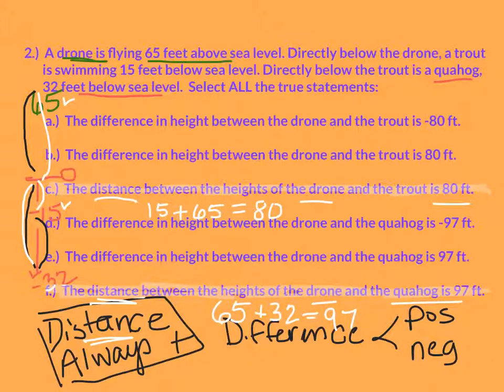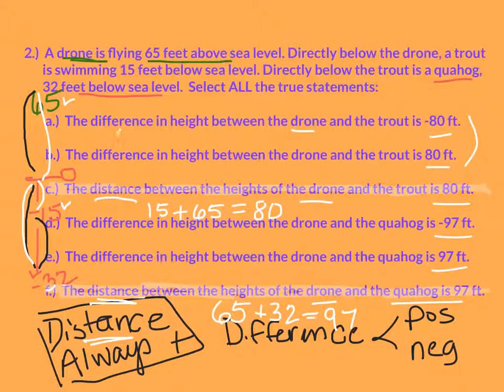So now all I really need to do is look at the differences, okay? Because we know that the magic number up top for these first two is of course 80, and for the quahog, it's 97. And now it's just a matter of figuring out, is it positive or is it negative? So the way that we would do that, it says the distance in height between the drone and the trout, so it says the drone first.